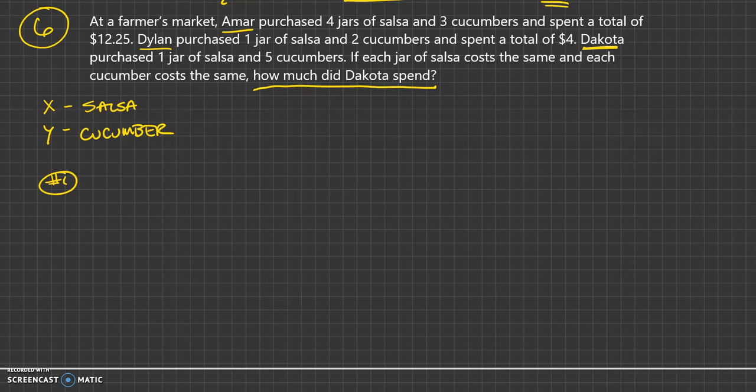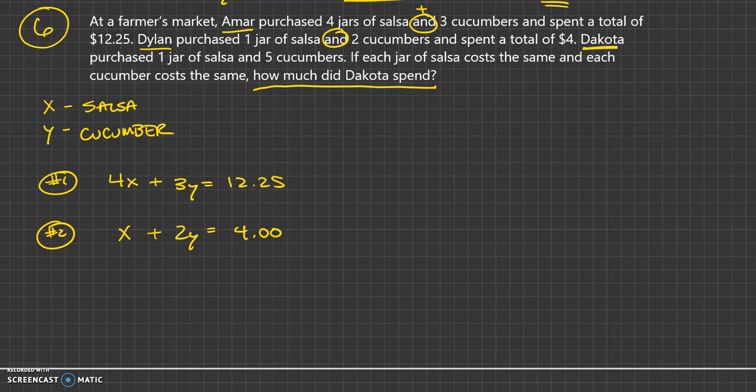So Amar purchased 4 jars of salsa, so 4x, plus, there's the and, that's a plus sign, plus 3y is equal to $12.25. We need equation number 2. Dylan purchased 1 jar of salsa, that's x, plus, I'm getting the plus from that and, 2y is equal to $4. And I'm going to show the decimals just to kind of keep the pattern going there.